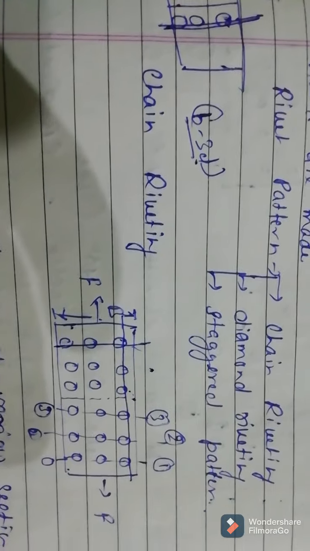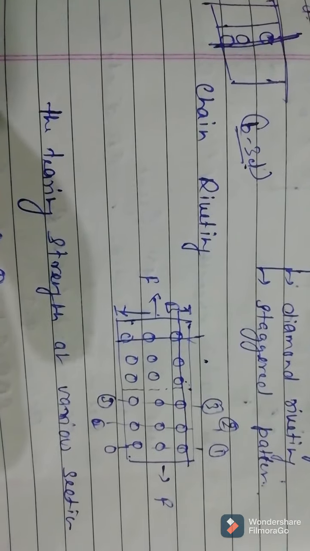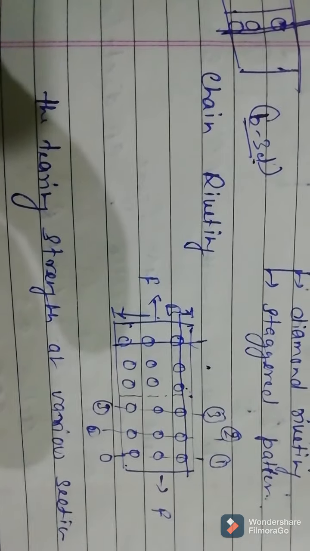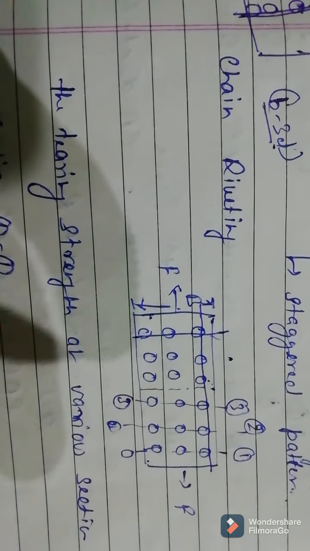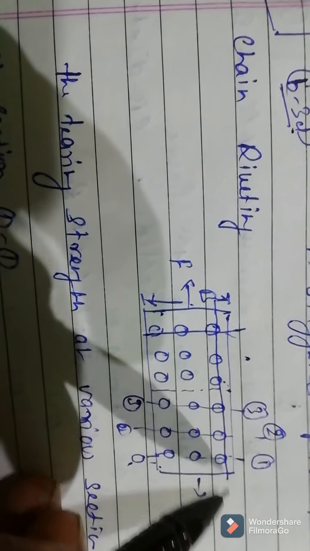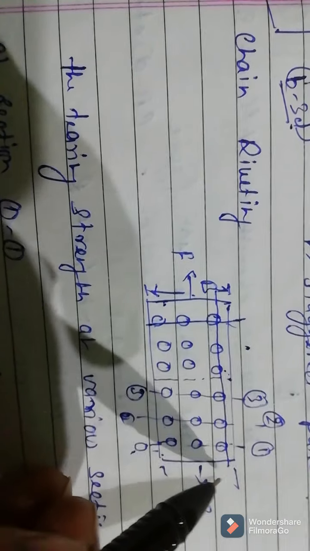Now for chain riveting, we find the tearing strength, or you can find the net section at the various sections.